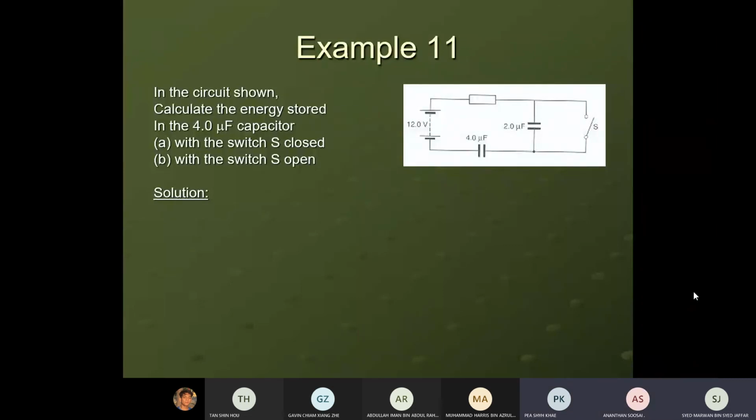Calculate. Try to calculate. Think about what formula to be used. One minute for you.